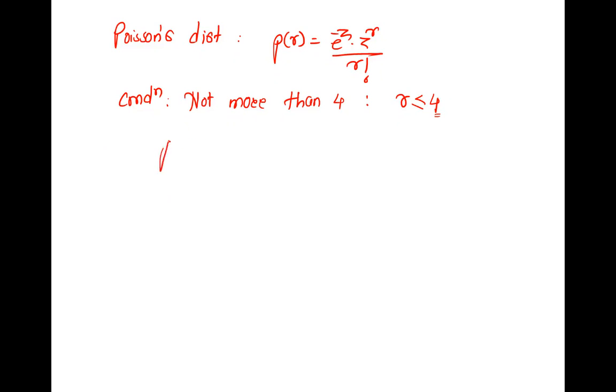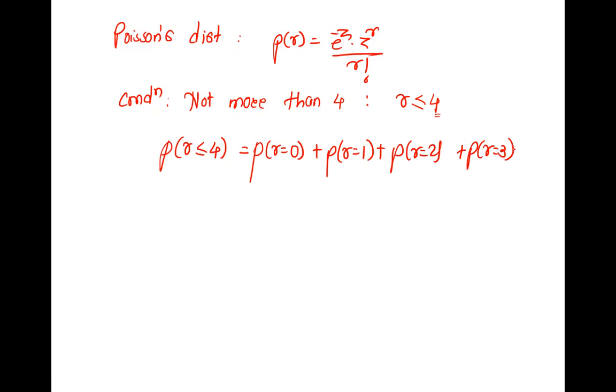Now we'll go with the probability. So we have to solve probability of R less than or equal to 4. What will less than or equal to 4 have? Probabilities of 0, 1, 2, 3, and 4. Can we go the opposite way, 1 minus? If we go opposite, we have to solve for greater than 4, starting with 5 and going on.